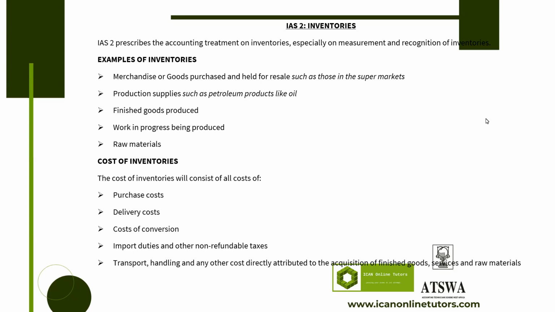We have identified five major types or examples of inventory. The first one being merchandise products. Number two, production supplies, such as petroleum products, e.g. oil, gas, diesel, and so on and so forth. Number three, finished goods produced.